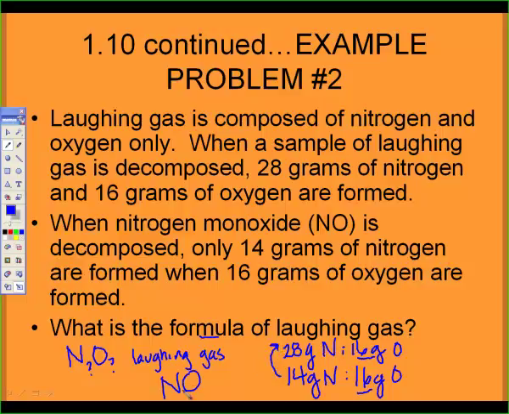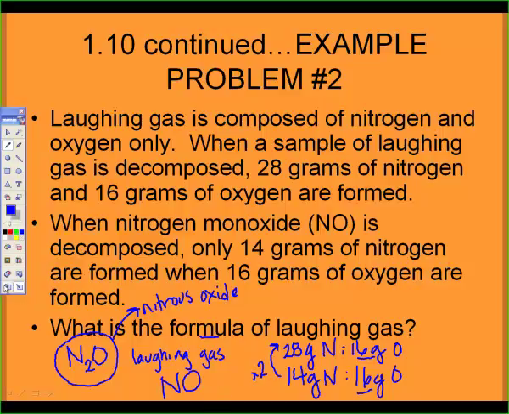So going from NO, nitrogen monoxide, to laughing gas, the amount of nitrogen in terms of mass goes up by 2. So the formula should reflect that. Oxygen is the same. Nitrogen goes up by a factor of 2, a small whole number. So this is the formula of laughing gas. And yes, it's the same nitrous oxide that you use in cars.